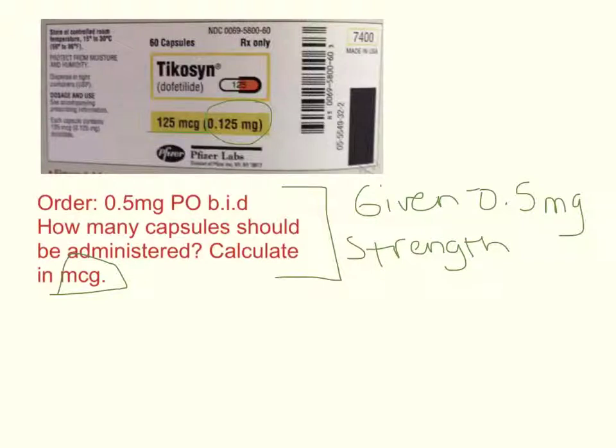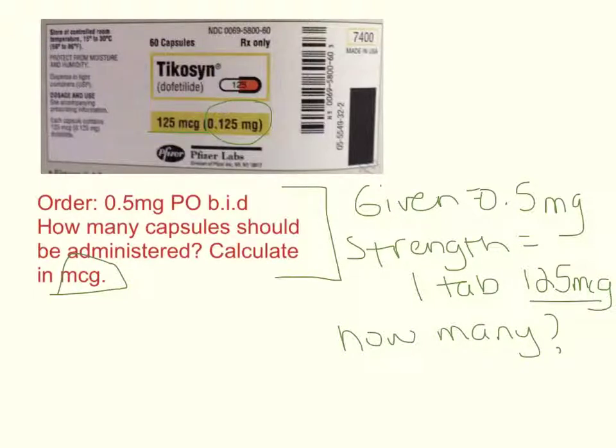And that is going to be equal, 1 tablet is equal to 125 micrograms. Okay? And what we're trying to find is how many tablets, how many capsules does it take of 125 micrograms to complete our order given from the doctor of 0.5 milligrams. So this is all the information we have, and we're going to use this to solve the problem.